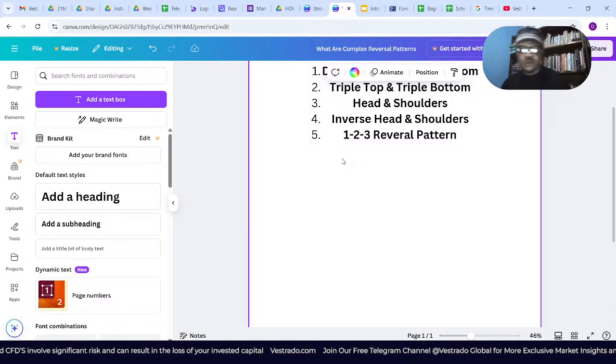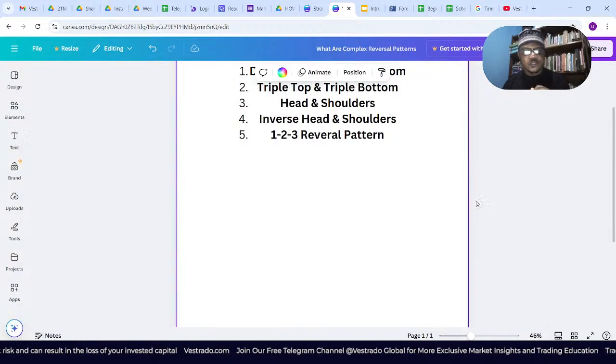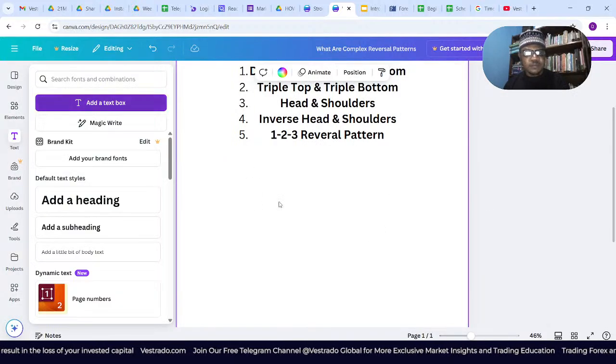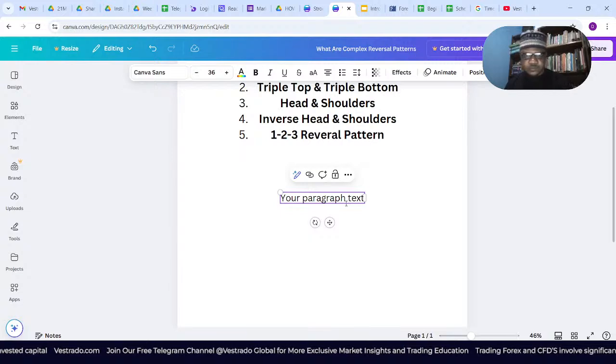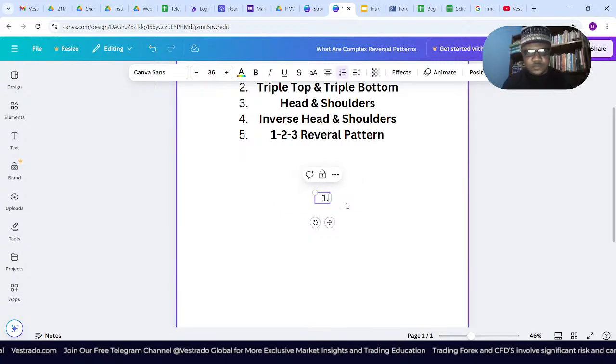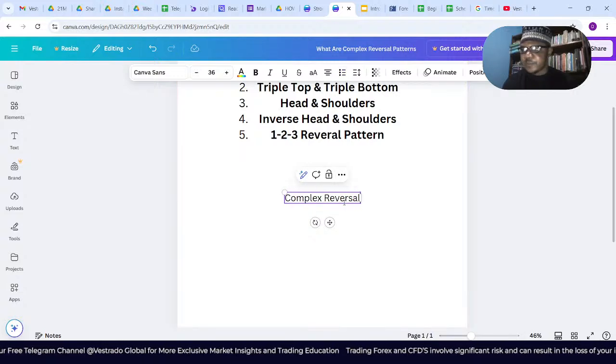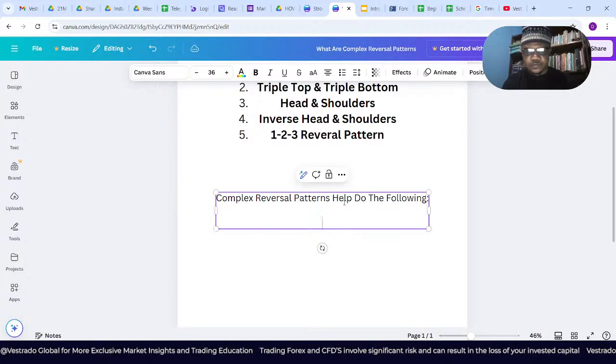As I said, complex reversal patterns tell a story, or if I may, 2 stories. Story number 1: they help identify support and resistance.